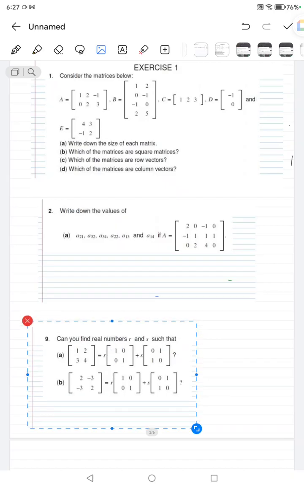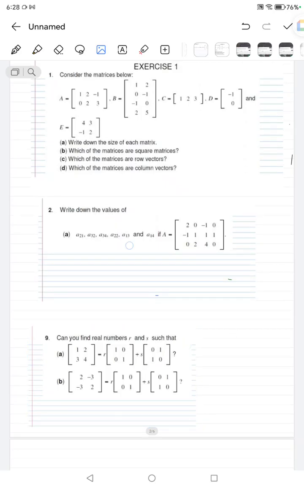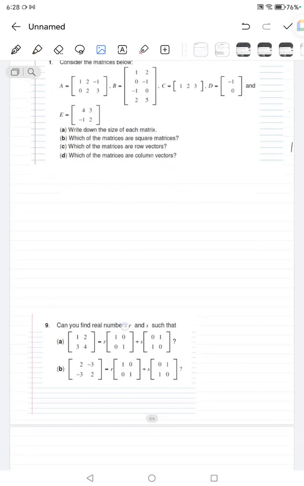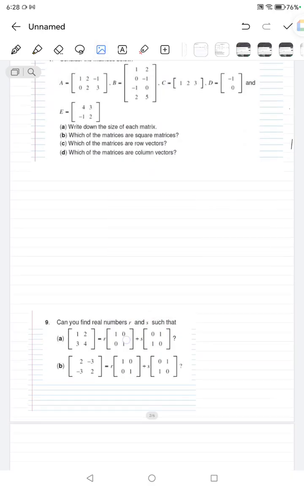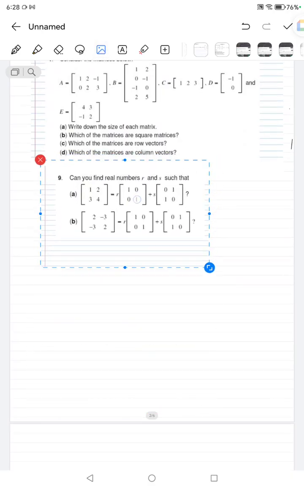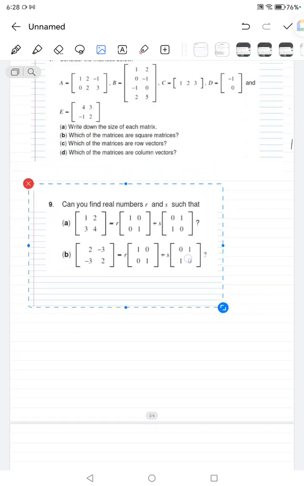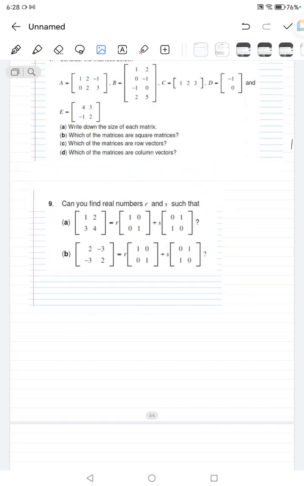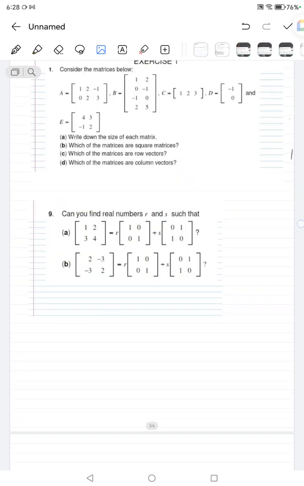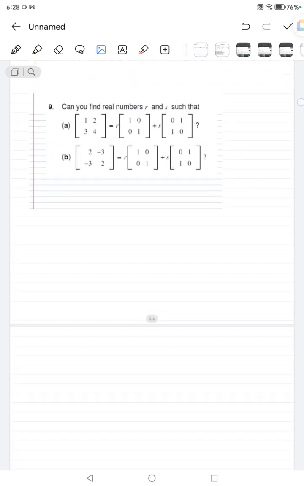Can you find all numbers R and S such that... this one, I think we've already done. Let me just go back and put this one this side. This one was just one of those examples where they wanted the product of R and S. So let's just say maybe you get something like this.